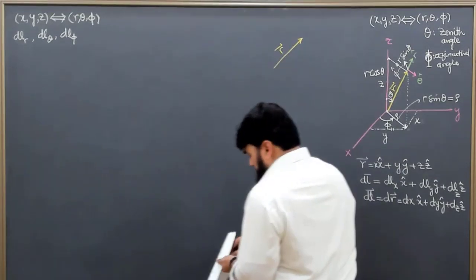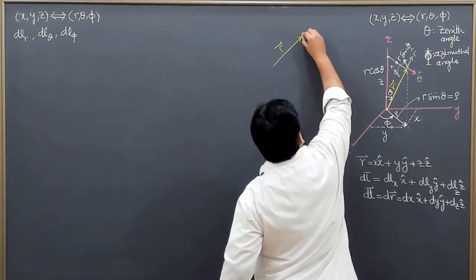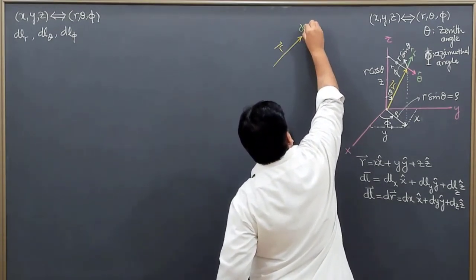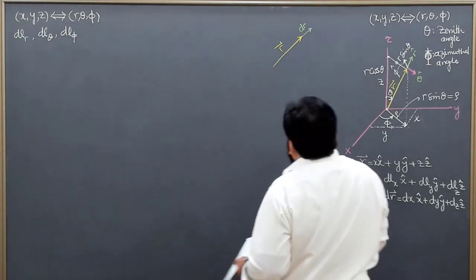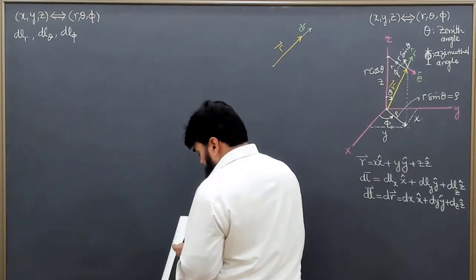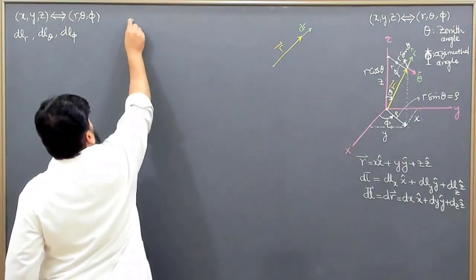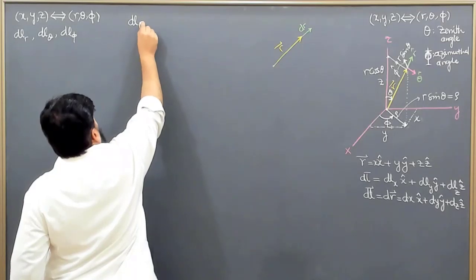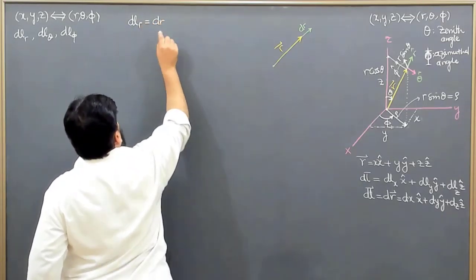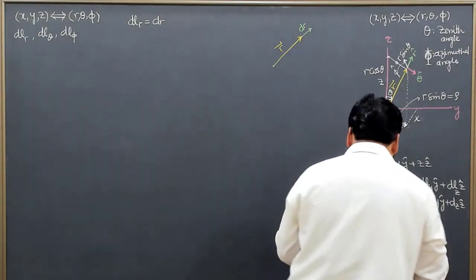Now this vector will change along r, and let's say this is the fractional change in this one, and it will be dr. So we will have the length element dl, and the radial component will be equal to dr in the r unit vector.